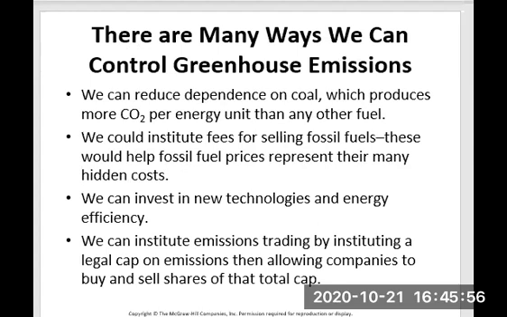There are many ways we can control greenhouse gas emissions. Coal produces more carbon dioxide. It has been found that burning fossil fuel produces more carbon dioxide per unit energy than any other fuel.